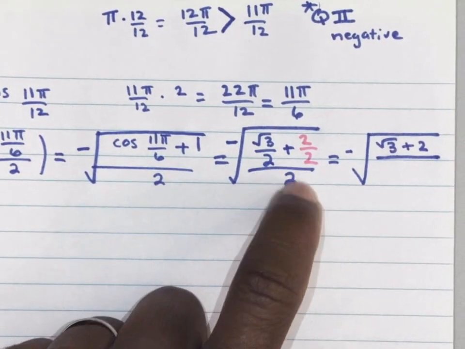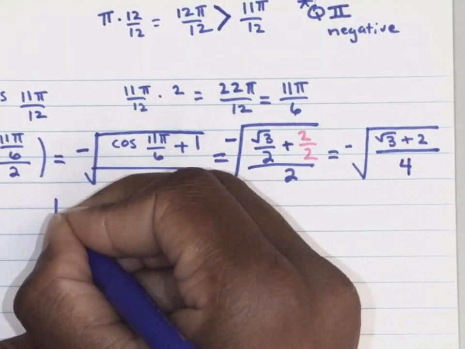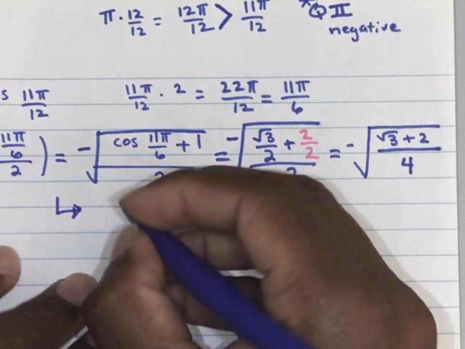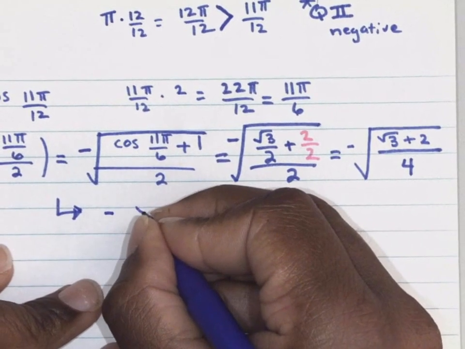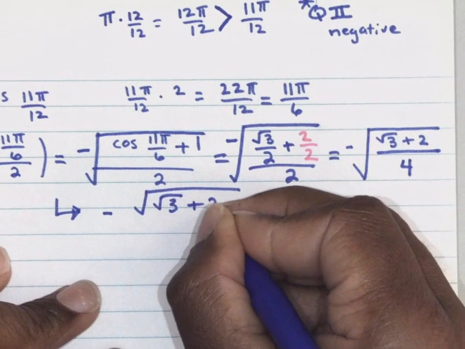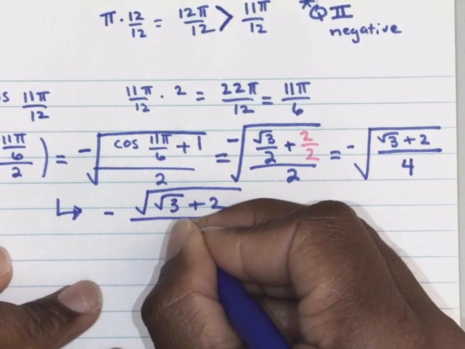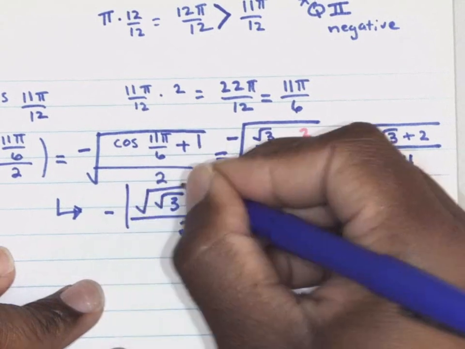And it's going to be 4 over 2, which will come out to be 4. The square root of 4 is 2, so my answer comes out to be negative square root of 3 plus 2, all divided by 2, because the square root of 4 is 2, so we were able to take that out.